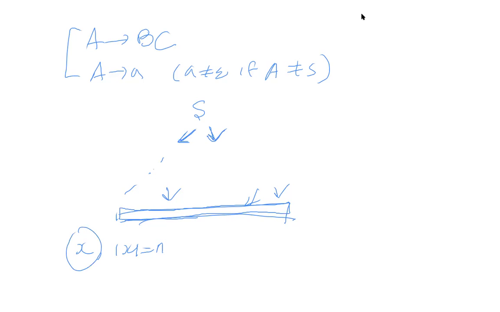The derivation takes 2n minus 1 steps. You start from S, which is equivalent to generating a sequence of n variables, and then we plug in the terminal symbols to see whether it equals the given x.